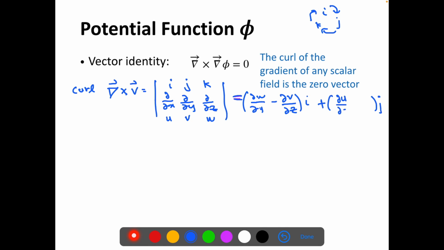Del U over del Z minus del W over del X, and then plus again 4K.